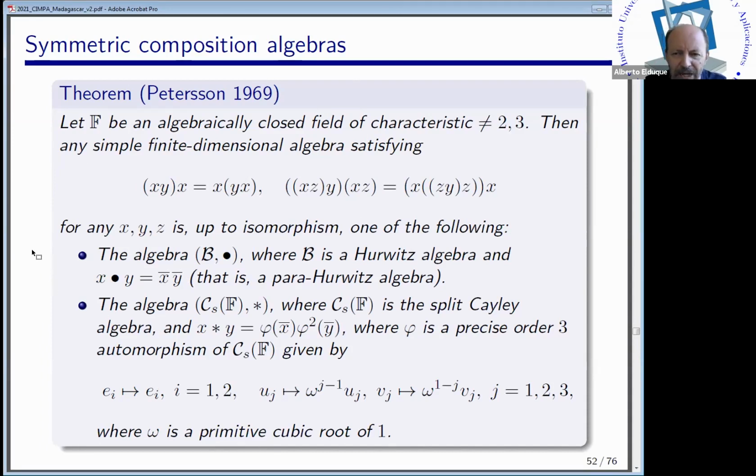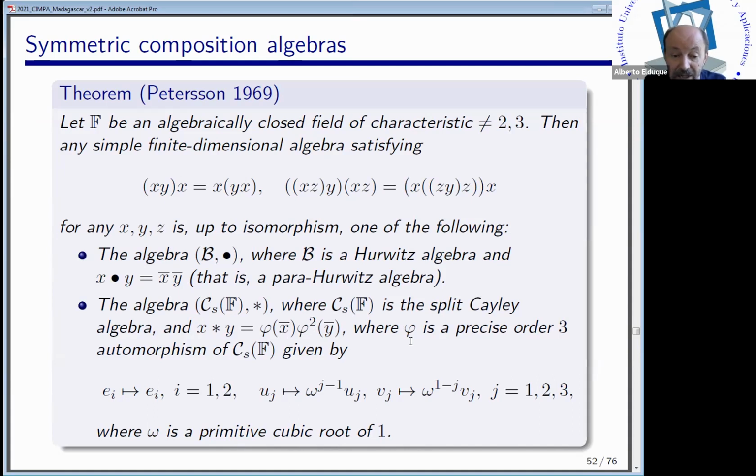And this unique other algebra is constructed starting with the split Cayley algebra by modifying the multiplication, again with x bar and y bar, but there is an extra twisting by an automorphism phi of order 3.